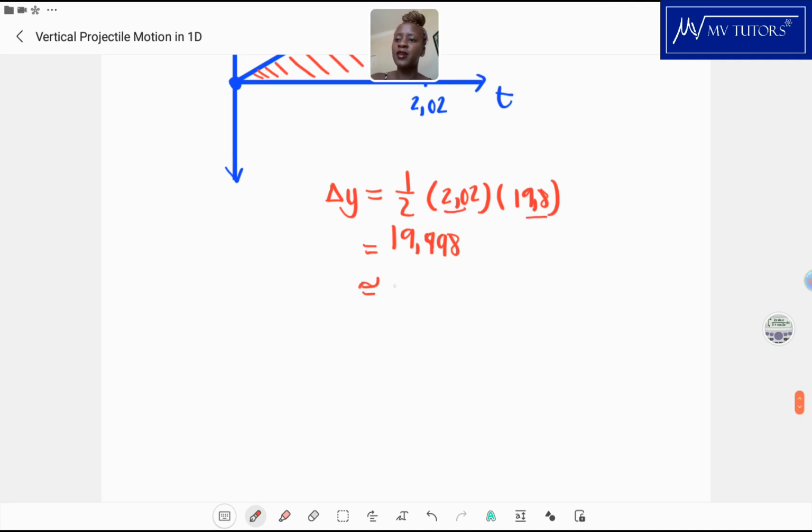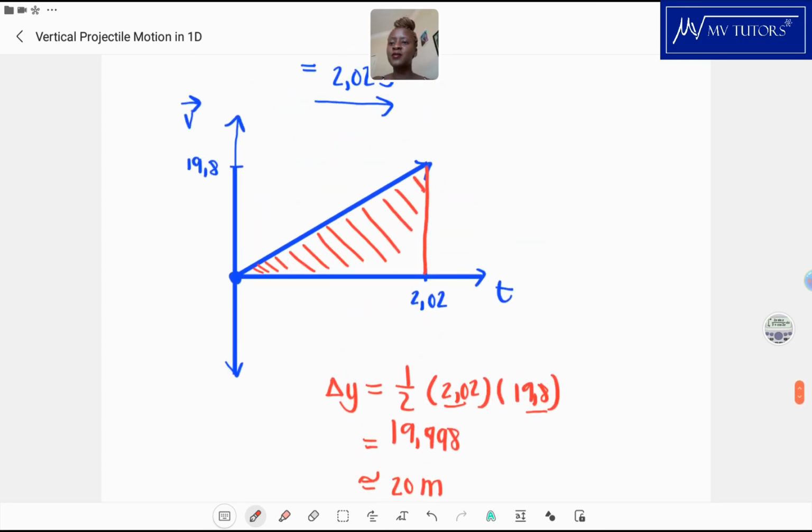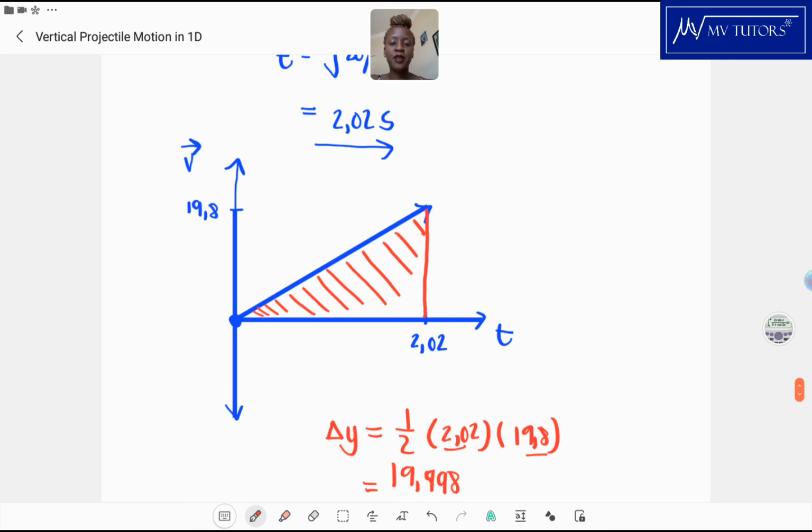But if I round that off, that is 20 meters. So if ever you have your velocity time graph and they ask you for the displacement, and you forgot how to apply your equations of motion, you can take the area under the velocity time graph and you will get your displacement.